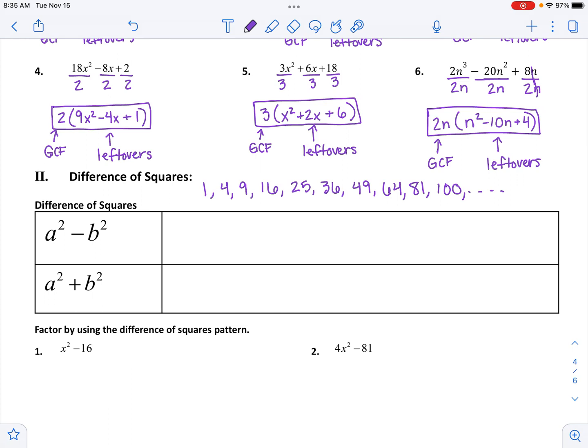But that is our list of perfect squares. That is what we will be using with difference of squares. We're looking for those perfect squares, okay?